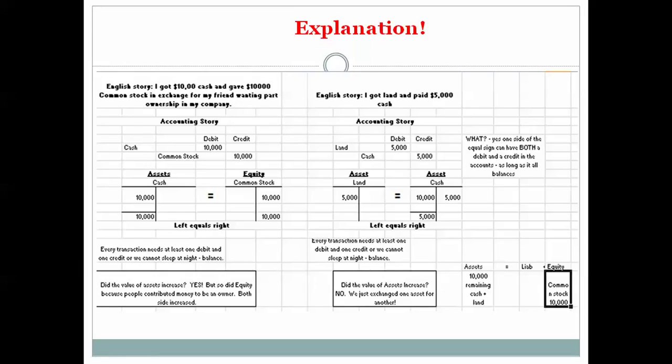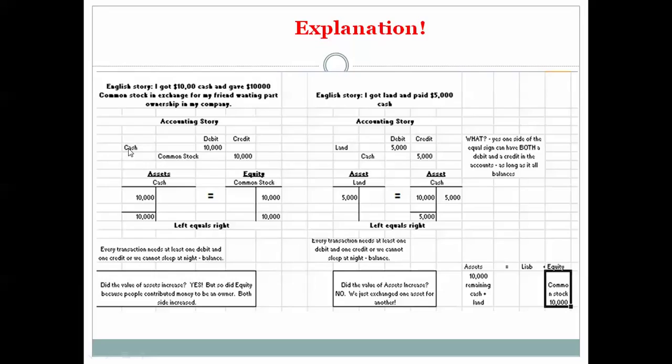So in the accounting story, if I were to translate it, the accounting story would say debit cash $10,000. I got it. My cash balance went up. I gave $10,000. Equity invested in my company went up. I credit it. Debit cash, credit common stock.